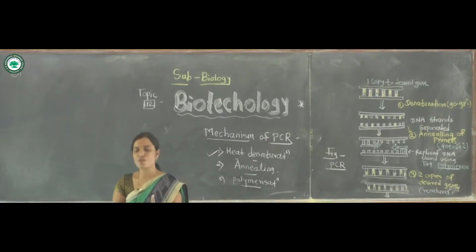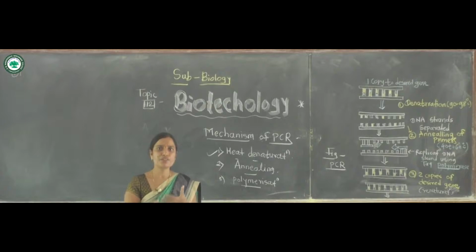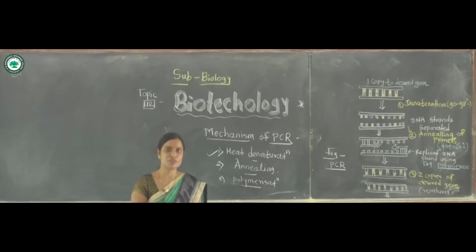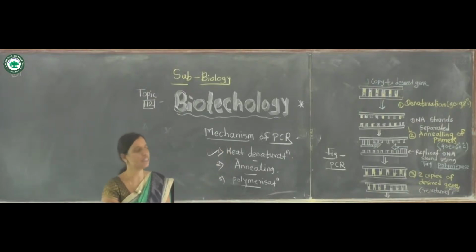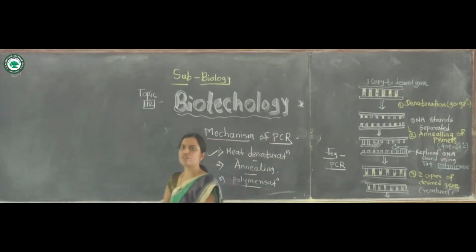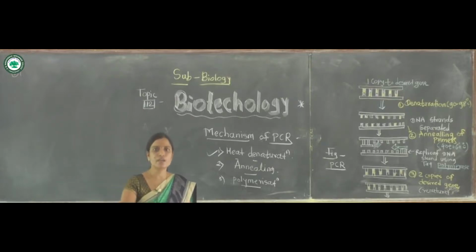In the first step, all these requirements are mixed, and later in the machine the heat denaturation process is started. This heating process, denaturation, is at about 90 to 98 degrees centigrade. At that time the 2 strands of the DNA molecule get separated.